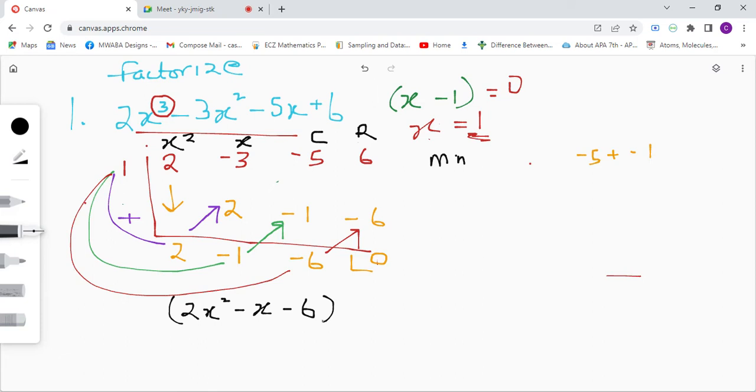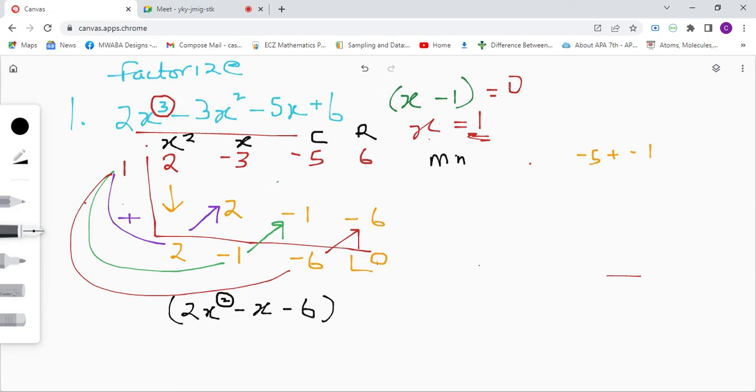We've got a quadratic expression here, and we have to break it down into linear factors, because remember, we have three linear factors. Right now we've obtained 1, and this quadratic has two linear factors, so we're going to break it down into two linear factors.